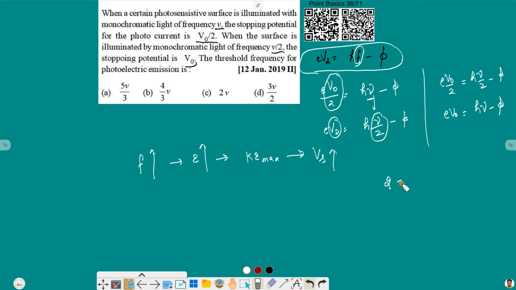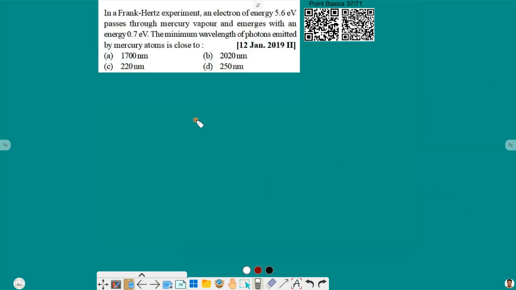I will get 1 by 2 is equal to (h nu by 2 minus phi) by (h nu minus phi). Now cross multiply: h nu minus phi is equal to h nu minus 2 phi. Now h nu and h nu get cancelled, so still I think there is some problem with the statement. So moving ahead to the next one.